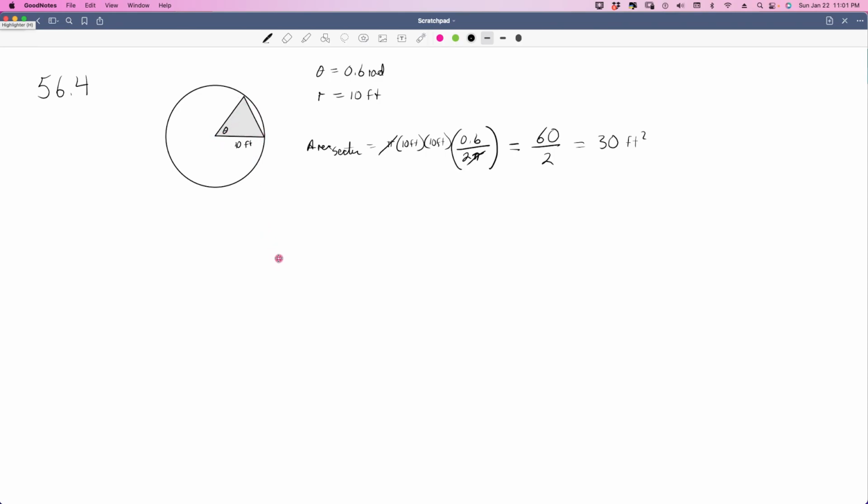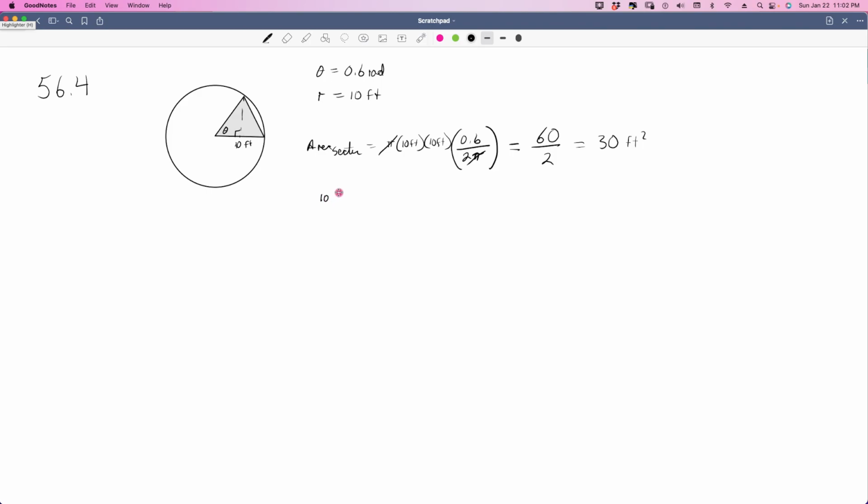Now all we have to do is find the height of the triangle, and we are going to use the hypotenuse, which is a radius. That's a radius. We draw our little line so we can see it, right? And this is 0.6.